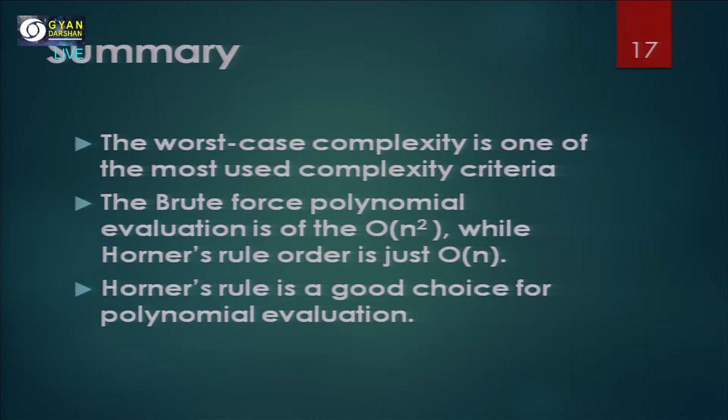Therefore, we can safely conclude that Horner's rule is a good choice when we want to do polynomial evaluation. Therefore, in practice, we are going to utilize Horner's rule. Why? Because Horner's rule is giving us much better results.